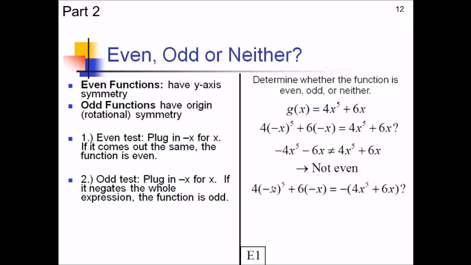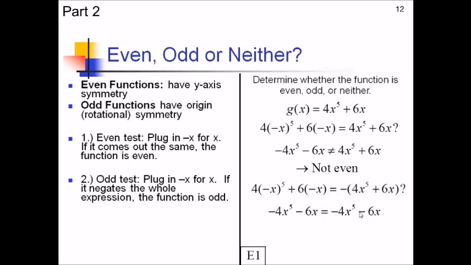And now we're going to see if these two expressions come out the same. If you've already done the even test, you know what the left side is going to come out to. It's still -4x to the 5th minus 6x. But here, we have to distribute this negative on the right side. That'll give us -4x to the 5th minus 6x.